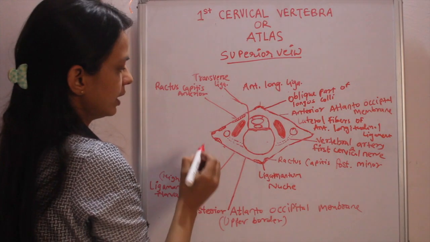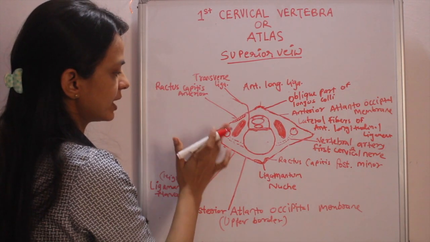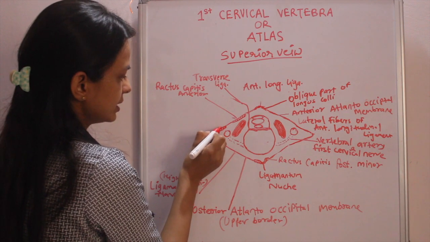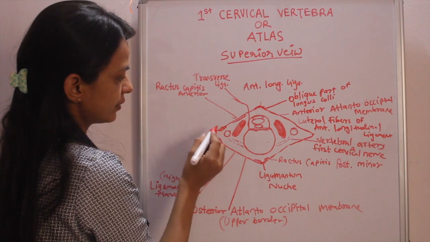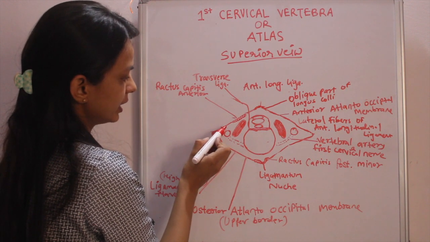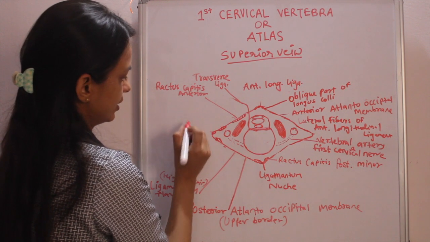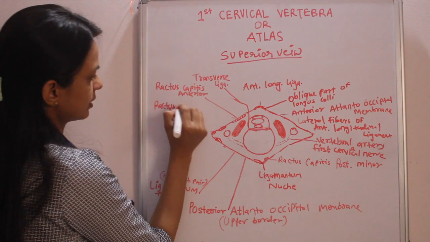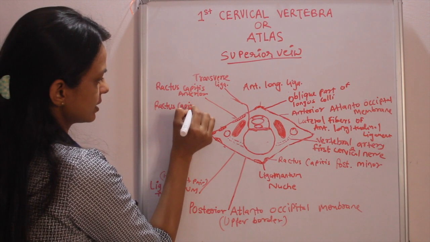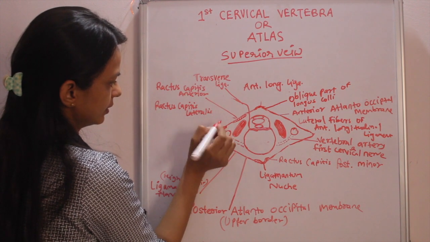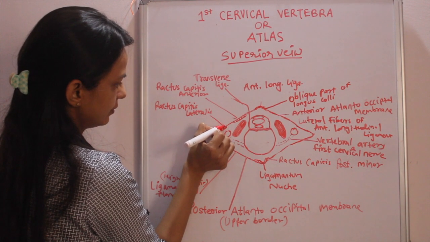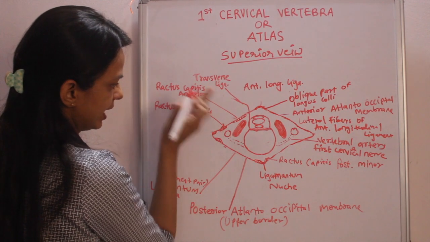Okay. Now let's see the attachments of the transverse process. This is rectus capitis lateralis, and it originates from the upper border of the transverse process anteriorly.